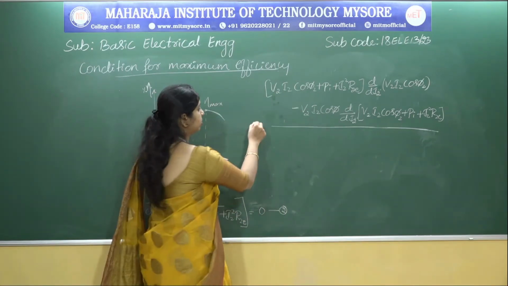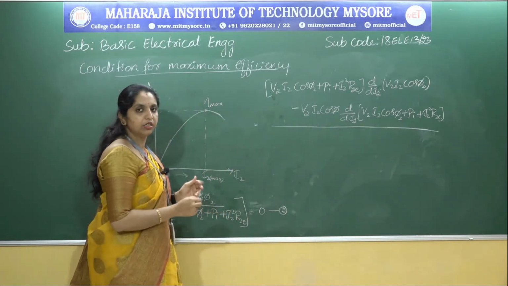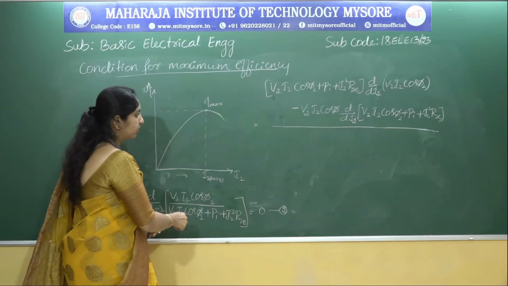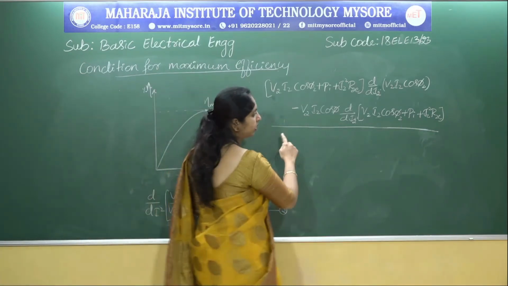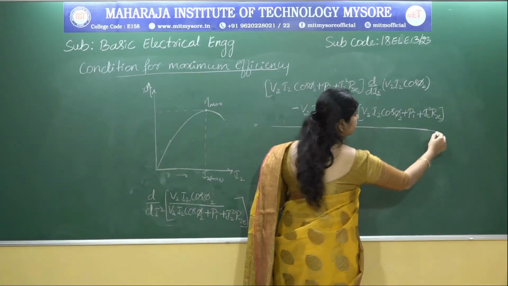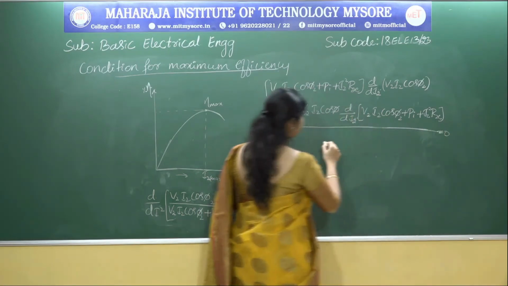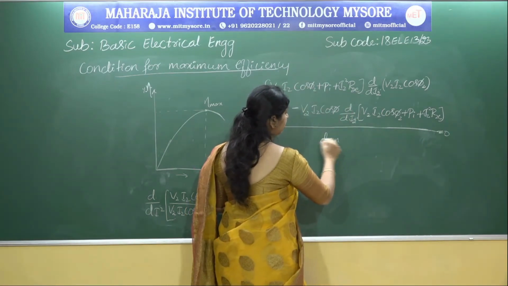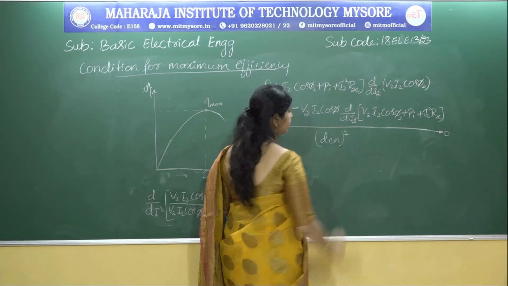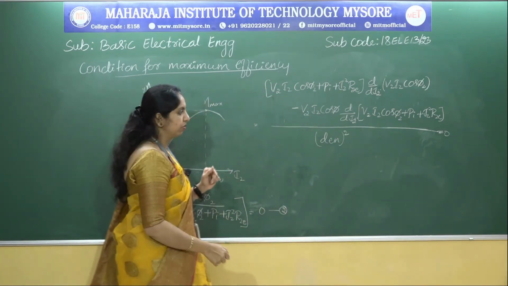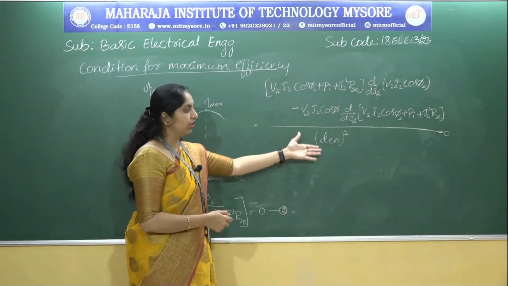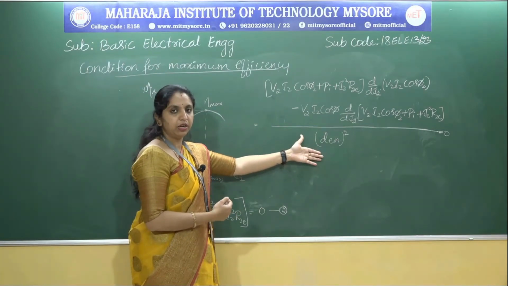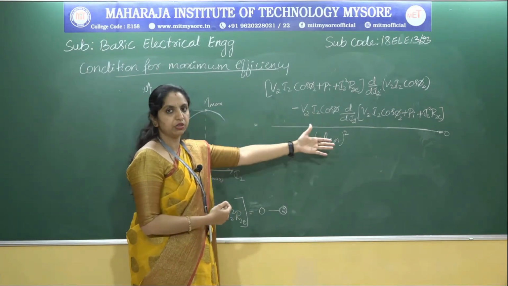This is divided by the denominator, which is v square. Since we are equating the whole equation to 0, I am just writing this part as the denominator square. We are not going to simplify the denominator because we are equating the whole expression to 0.